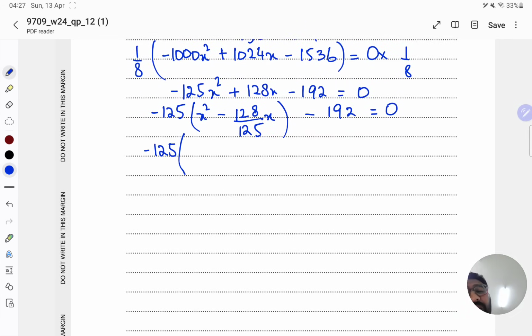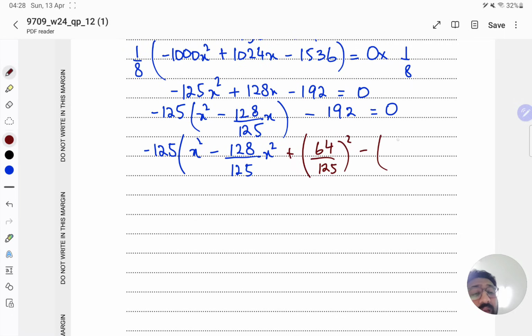It is minus 125 bracket x square minus 128 over 125x. I will add the half of this coefficient, which is 64 by 125 whole square, minus 64 over 125 whole square, and minus 192 equals 0.